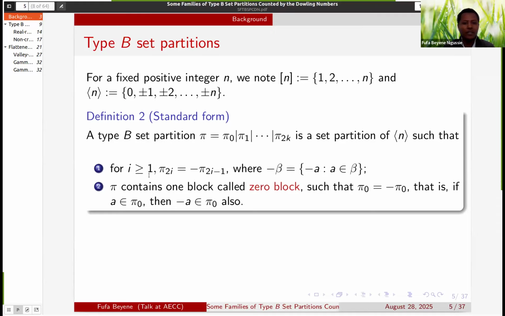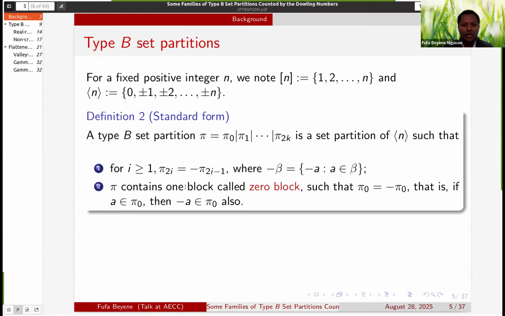And for i greater than or equal to 1, pi_{2i} is the same as minus pi_{2i-1}. When I say minus pi_{2i-1}, it means you have a block and then the negative of the elements of this block. Like if beta is a block, minus beta is the set consisting of minus a, such that a is in the block beta.